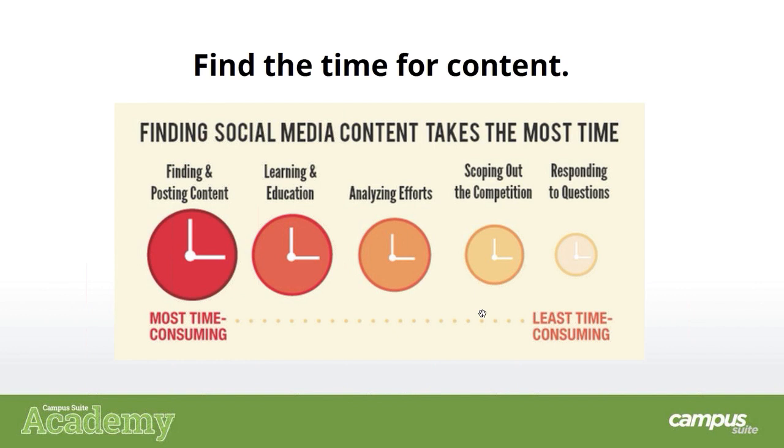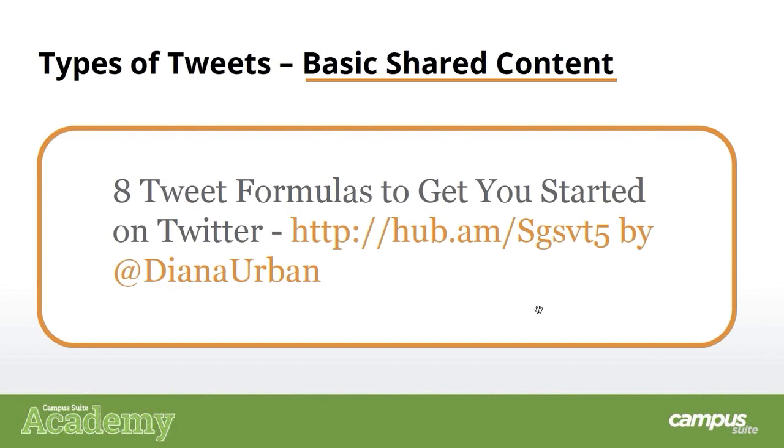So in addition to a good mix of content, that rule of thirds, it's also good to use a good mix of post types. And we're going to show you some of those right now. There are best practices that have been put together by one of our mentors, the HubSpot Inbound Marketing Group, on the types of tweets.